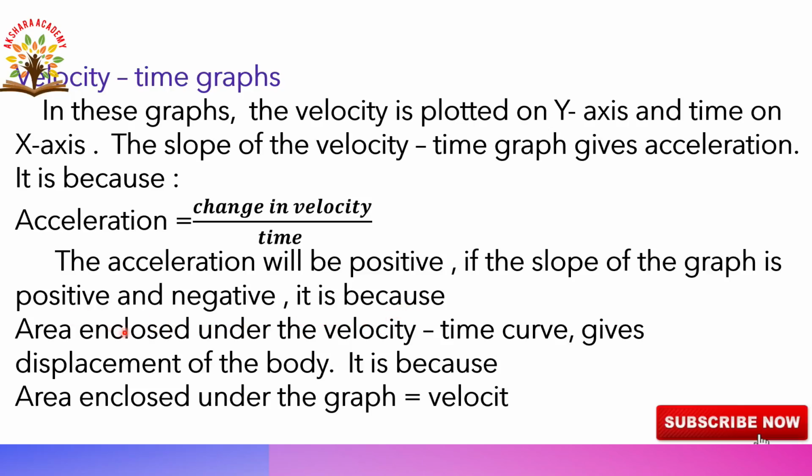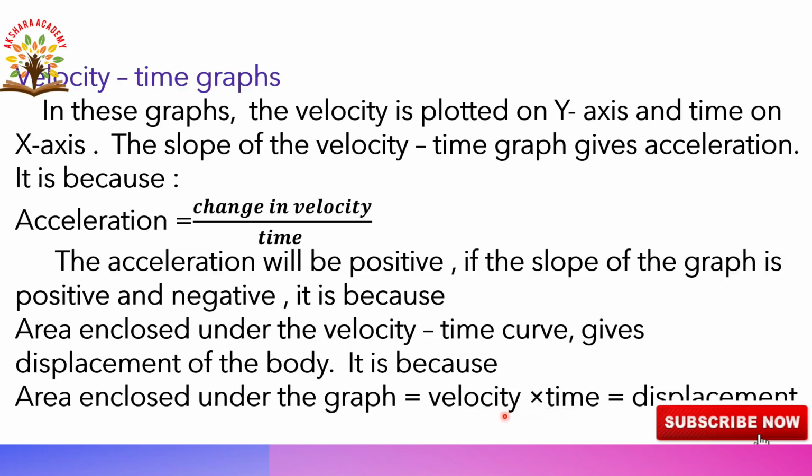The area enclosed under the velocity time graph curve gives the displacement of the body. It is because the area enclosed under the graph is equal to velocity into time, that is equal to displacement. So displacement is equal to velocity into time.